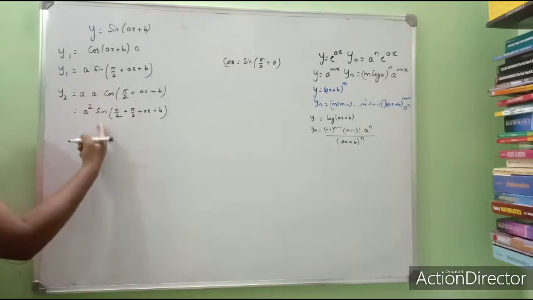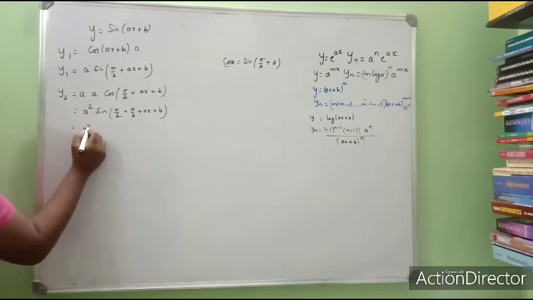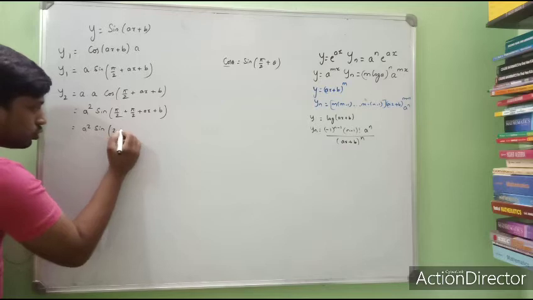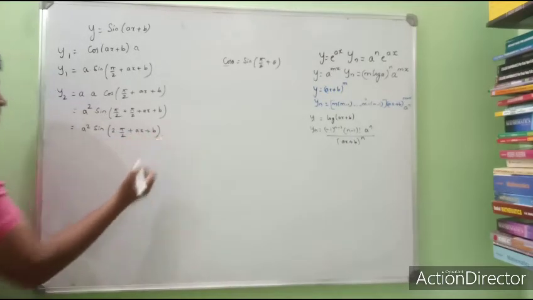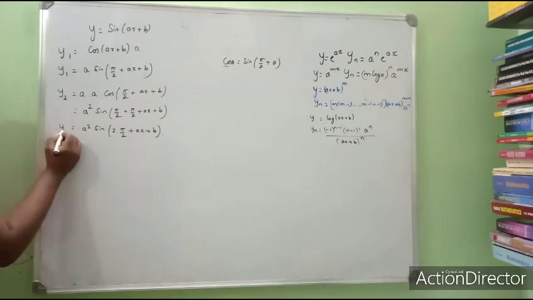So I have differentiated, and I will be getting this. So what we have, a square into sine of 2 pi by 2 plus ax plus b. Okay, so this is the second derivative.